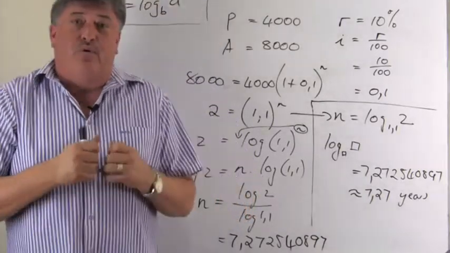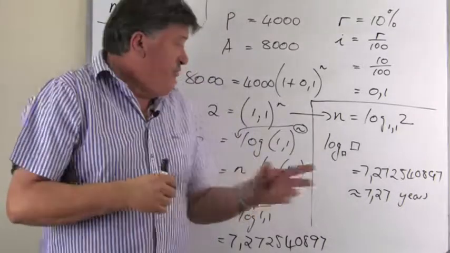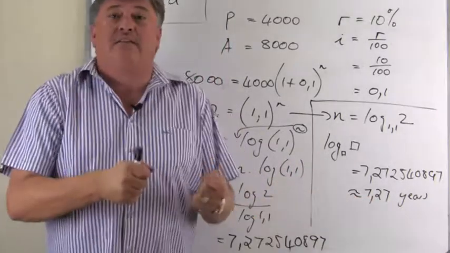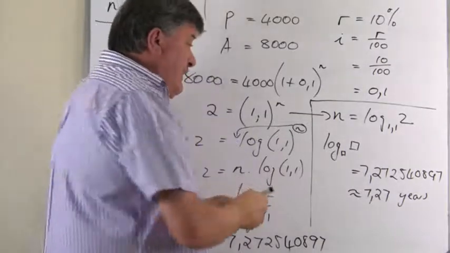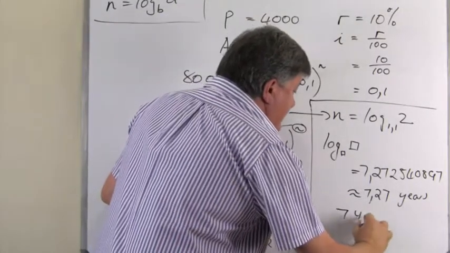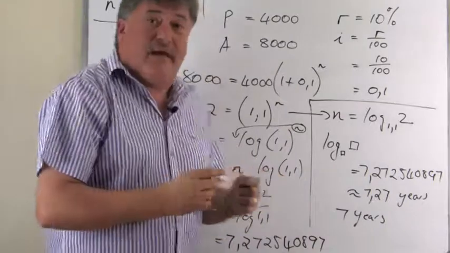What they sometimes also require is that you must write this in years and months. So this then will give us 7 years and how many months?